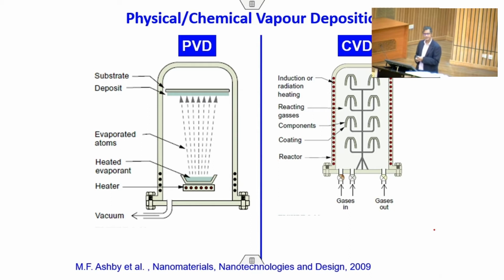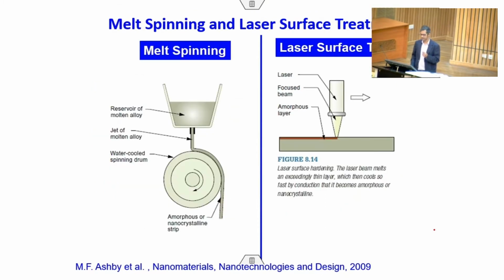You can use PVD or CVD, physical and chemical vapor depositions, to create thin films which will have nanocrystalline grains in the nanocrystalline thickness regime. So it is possible to prepare many 2D nanomaterials. In terms of 3D, you can always use melting routes like melt spinning or laser surface treatments.